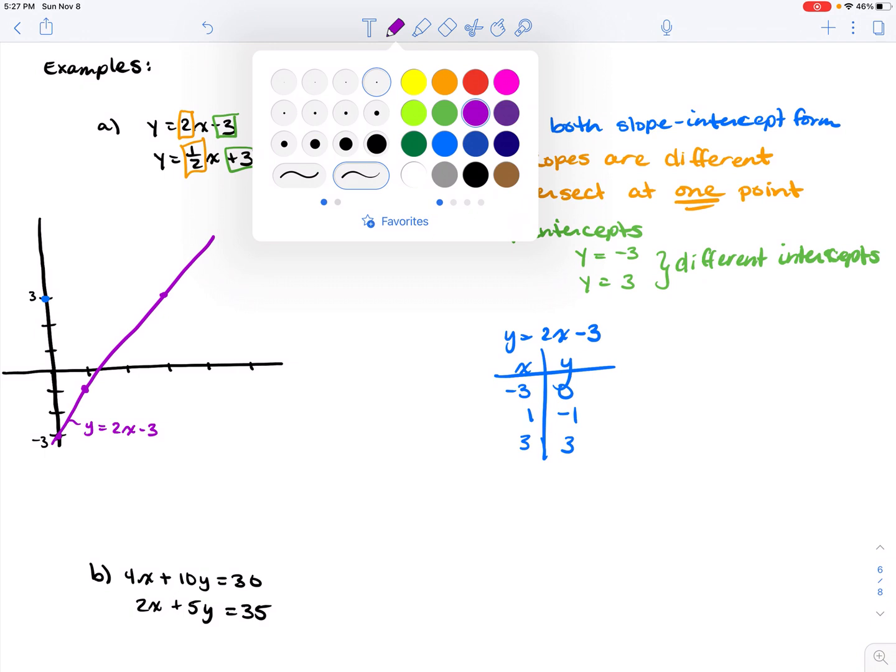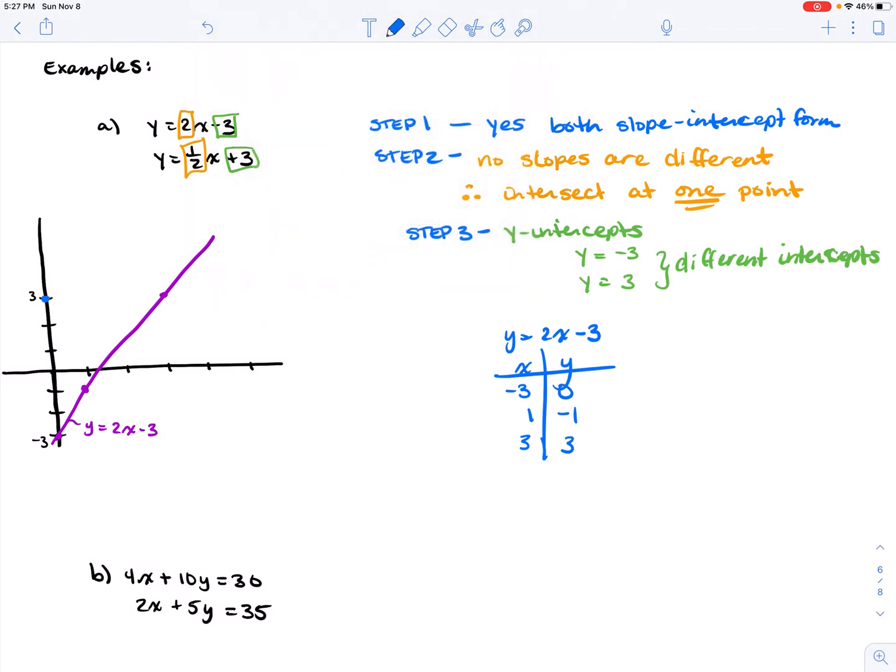Okay, let's look at my second line, which is y equals 1/2 x plus 3. So look at my x and y. If x is 0, y is 3, so there it was. And then if I do 1, it gives me about 3.5.